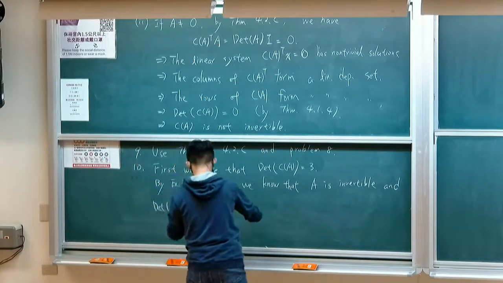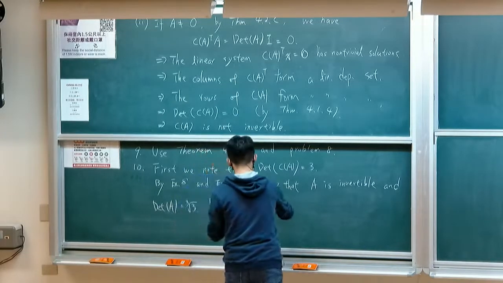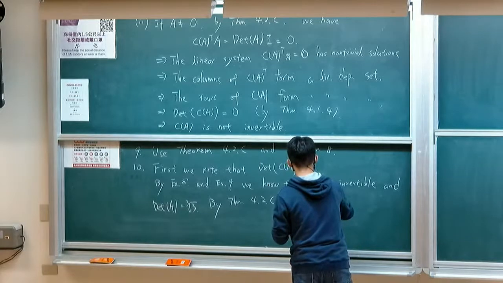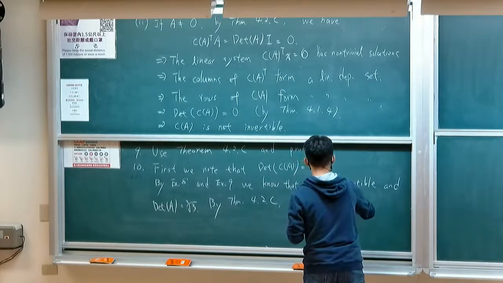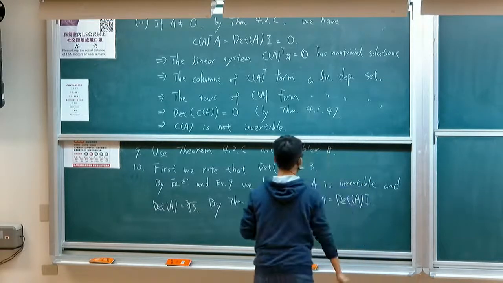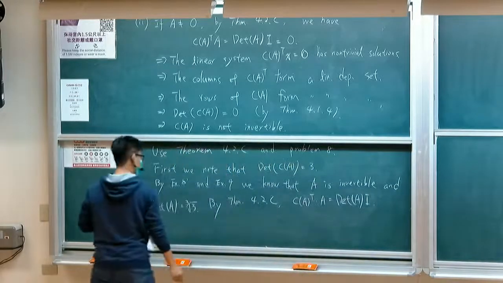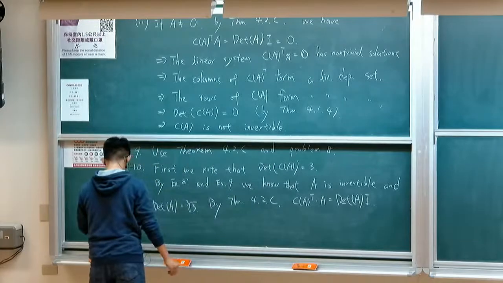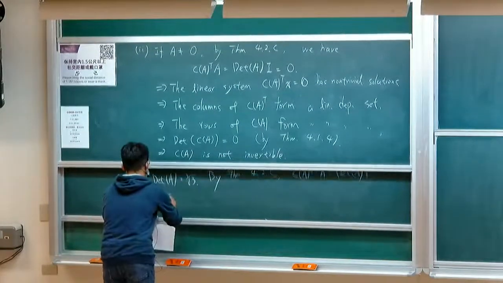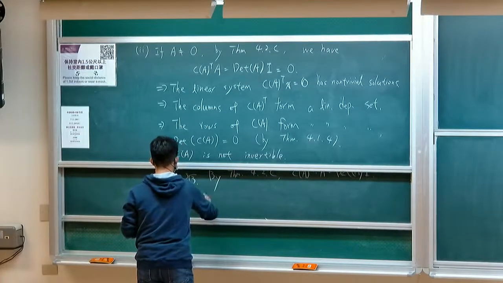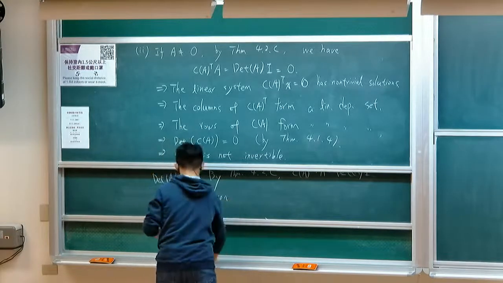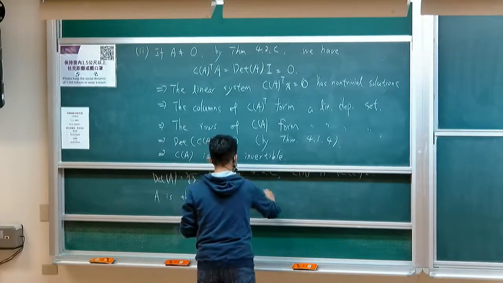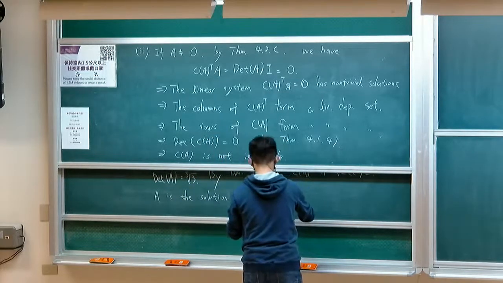Then by theorem 4.2.c, the transpose of A's cofactor matrix multiplied by A is equal to the identity matrix multiplied by the determinant of A. Now, we can see this as a linear system, and A is the solution to the linear system.